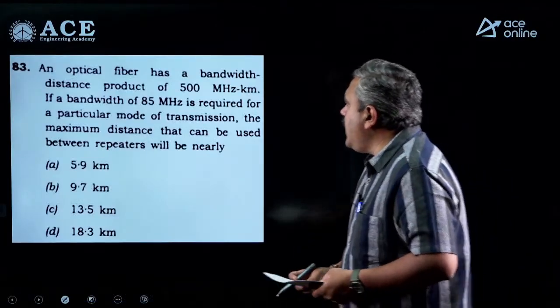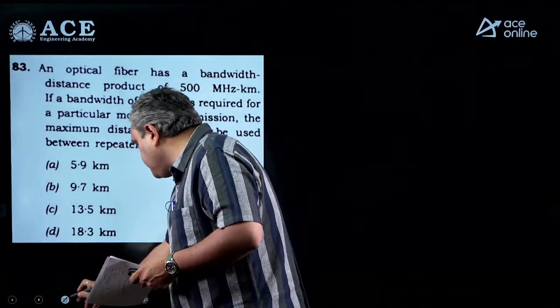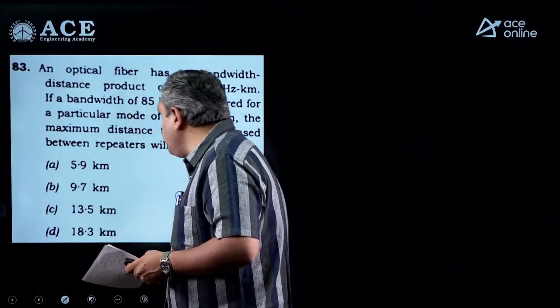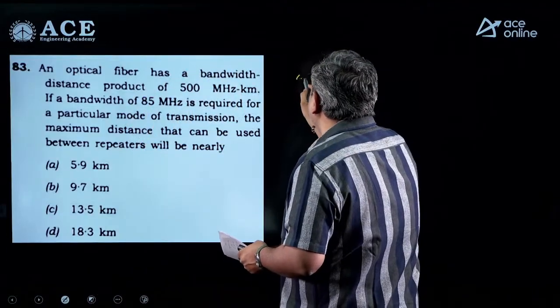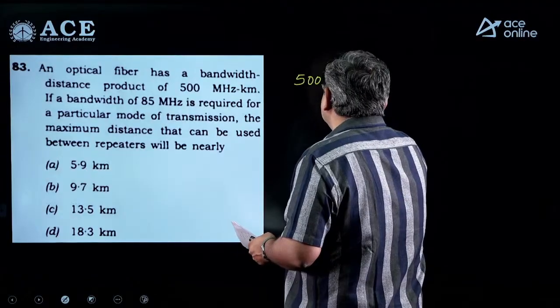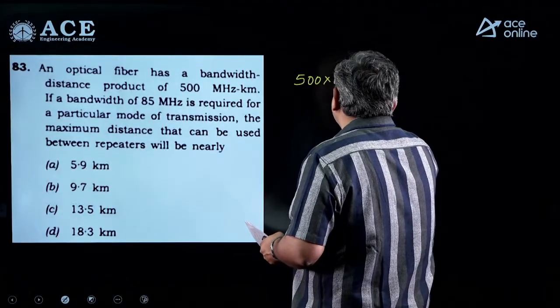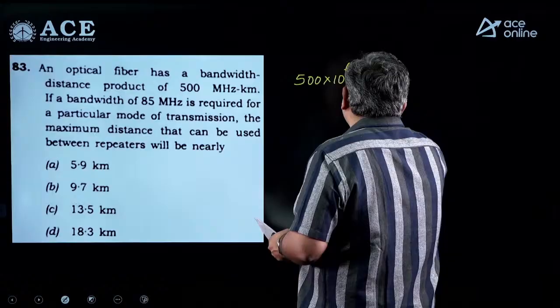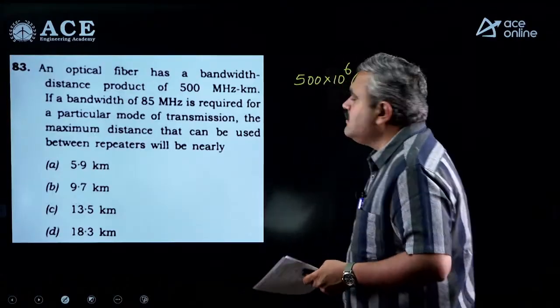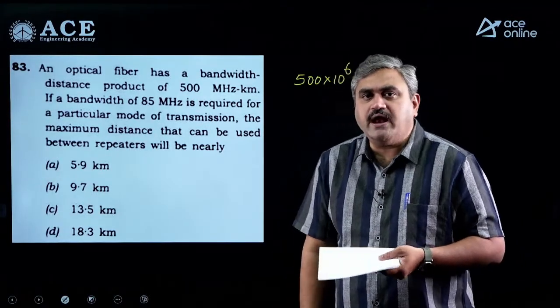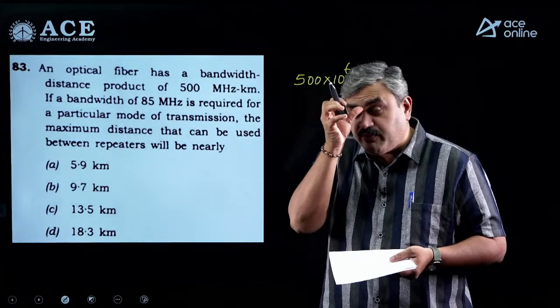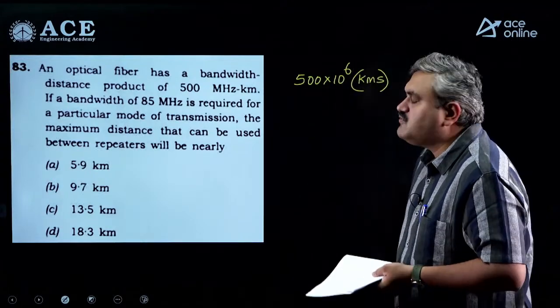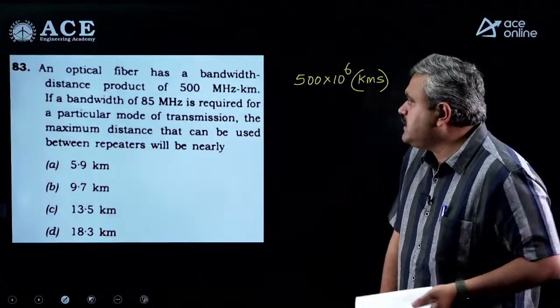Next, an optical fiber has a bandwidth distance product, means you are doing a communication link for 500 megahertz kilometer range. Okay. Generally when you express bandwidth for an optical fiber, we express it over a distance. So that is the reason the units will be frequency multiplied by kilometer.